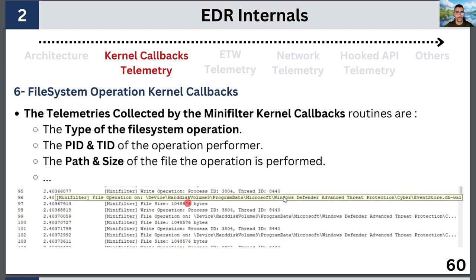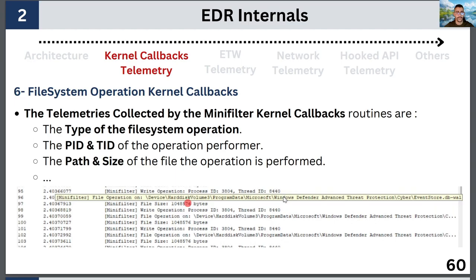So mini filter drivers such as EDR filters use a layered architecture to intercept and monitor file system operations. Each mini filter driver or filter can have multiple instances, allowing it to hook into different file system volumes or operations.